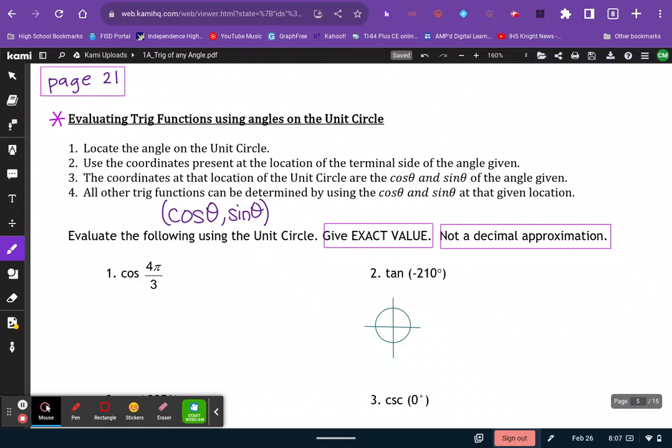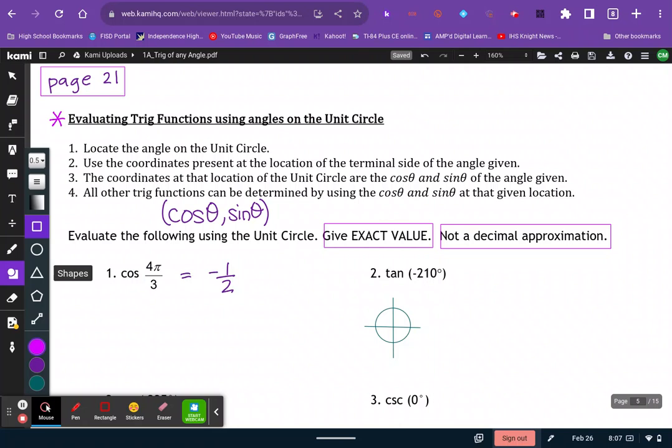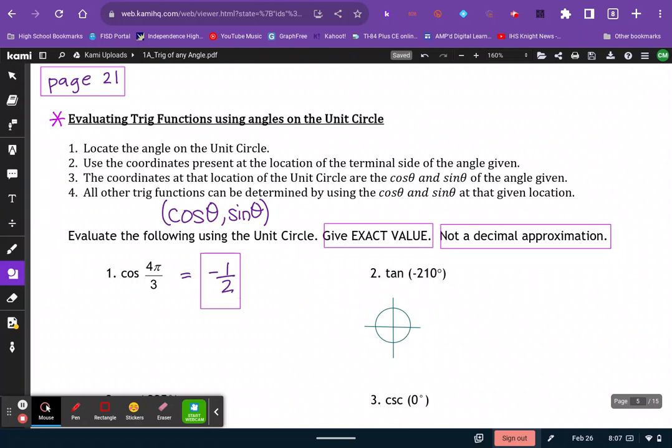So this one is just: figure out where it goes and tell me the answer. So -1/2 is the cosine at 4 pi over 3. Done. Nothing else to it. Locate the angle and tell me the trig function.